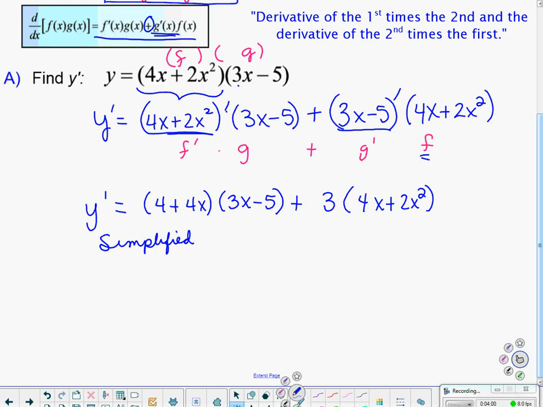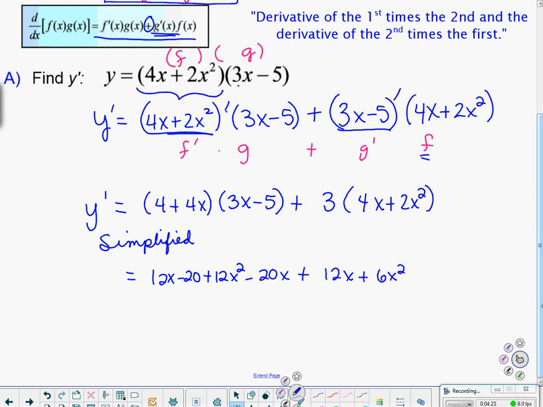So let's distribute on this first one and get 12x minus 20 plus 12x squared minus 20x. Distributing the 3 through would give us a 12x plus a 6x squared.